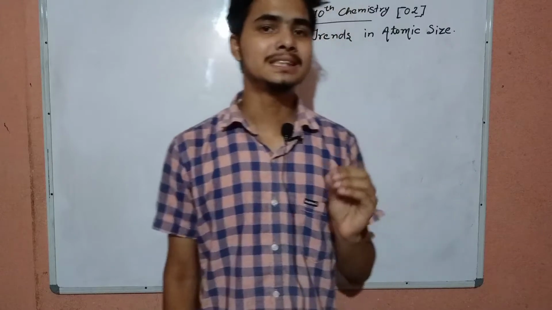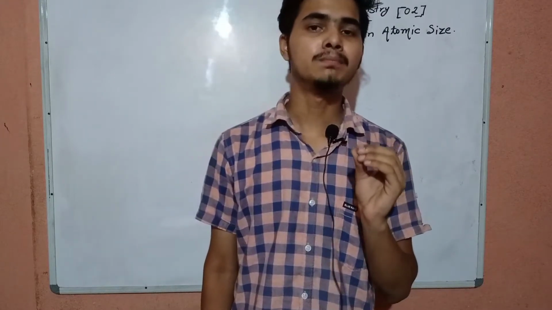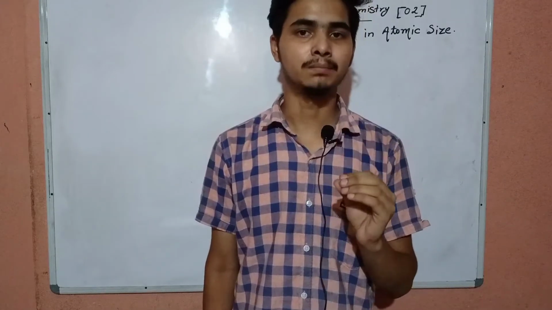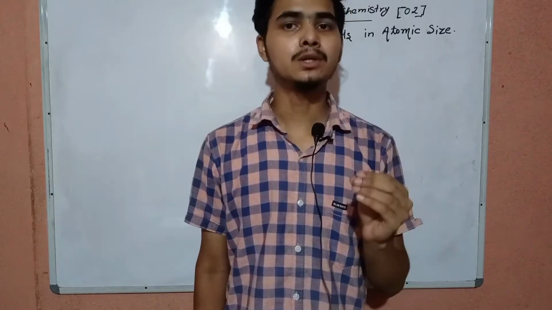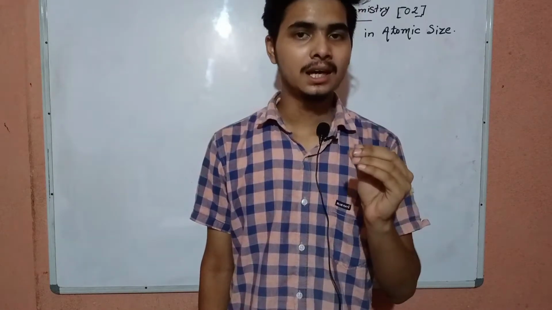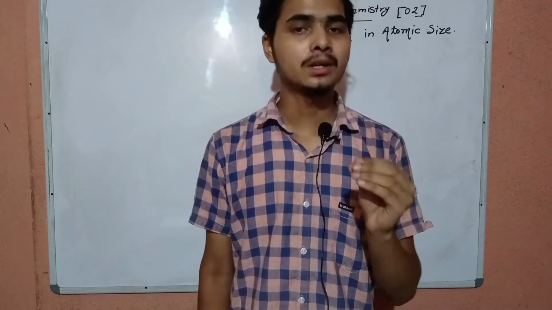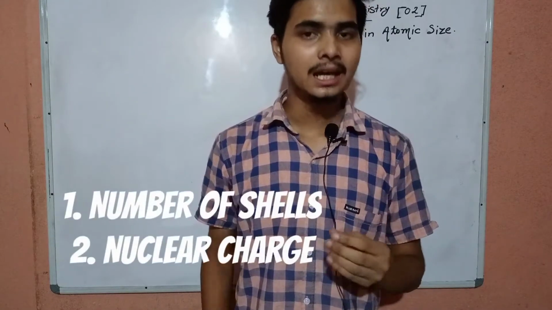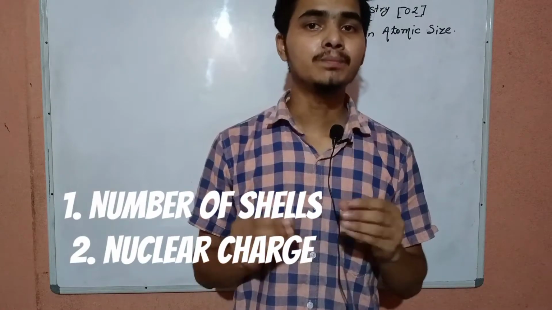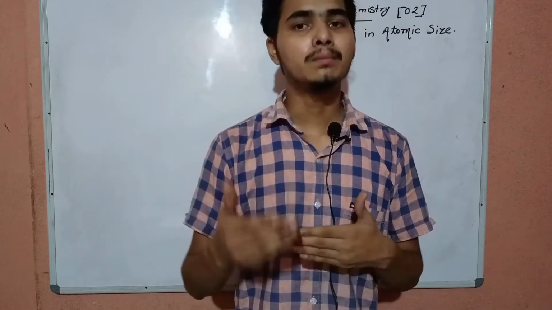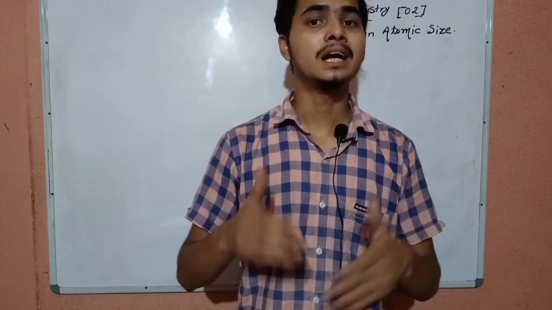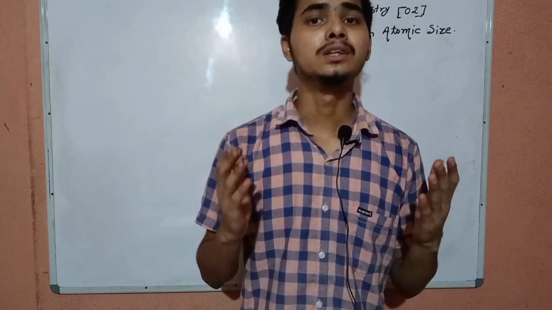Basically, in the last class I tried to complete atomic size, but it was incomplete. We were able to complete what atomic size is and what the two factors on which it depends are, namely the number of shells and also what? It is also nuclear charge, and I defined what a nuclear charge is and how it affects atomic size.